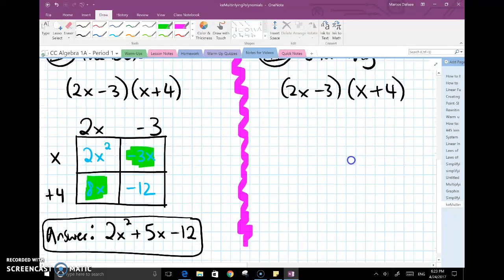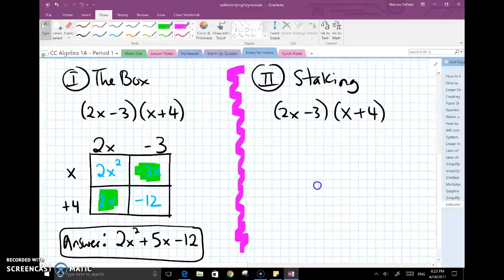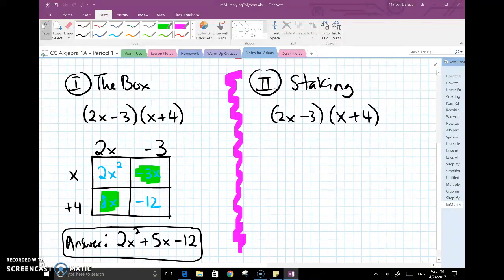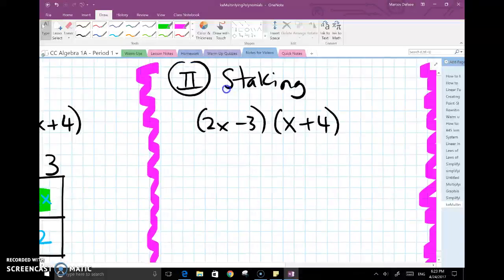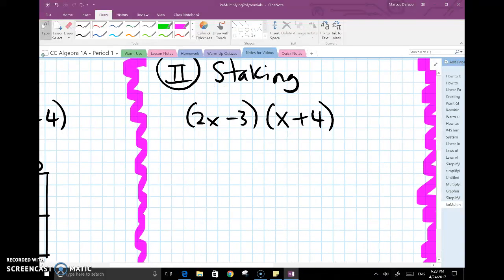Now, the next method is called the stacking method because you do exactly that. You stack them. And just like you multiply two-digit or three-digit numbers by stacking the numbers, we do the same thing here. So the idea is you pick one of these binomials and you make it your top stack. In this case, I might choose the 2x minus 3, and then under that, I will put the x plus 4.